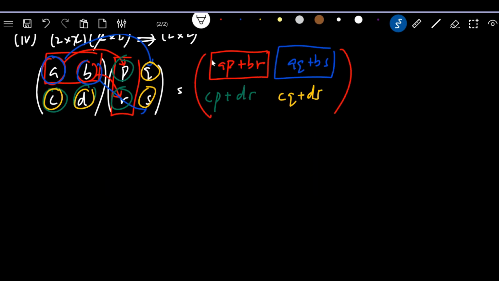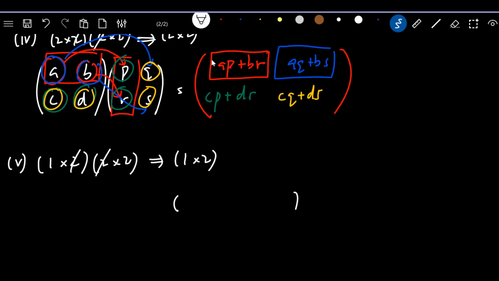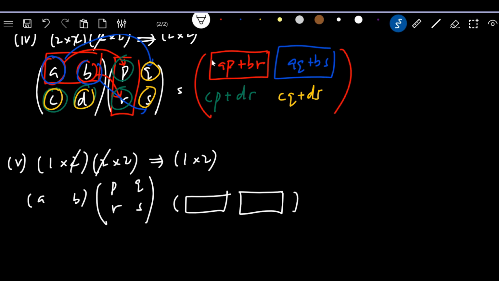And then the last one, which is the fifth case, is a 1 times 2 matrix and a 2 times 2 matrix, and when you cut off the middle, you will be left with a 1 times 2 matrix. So we choose this example, AB times PQRS.